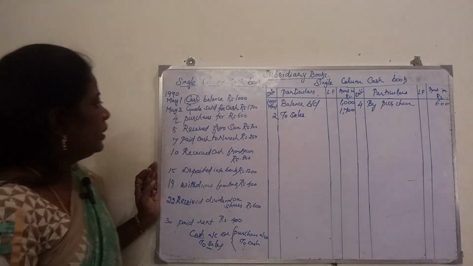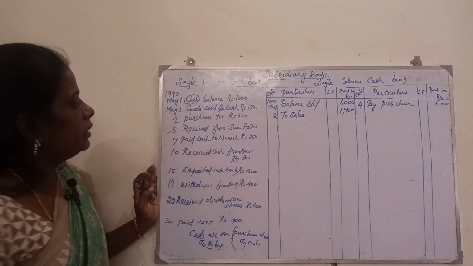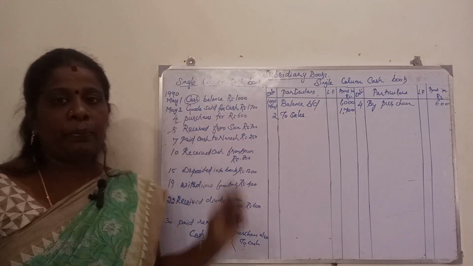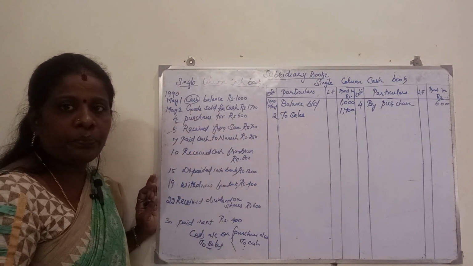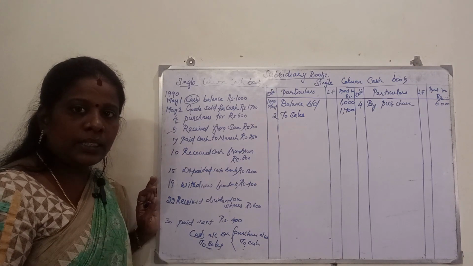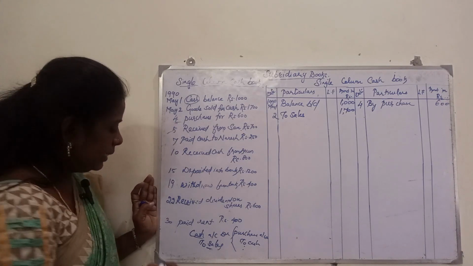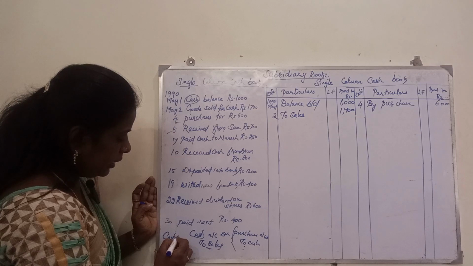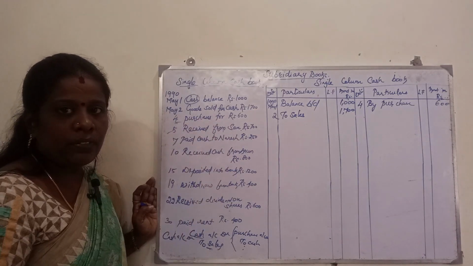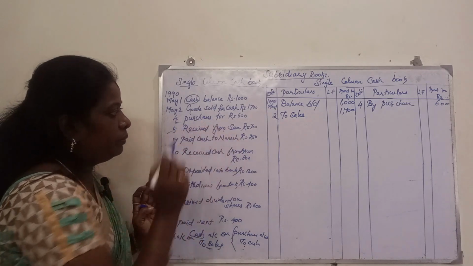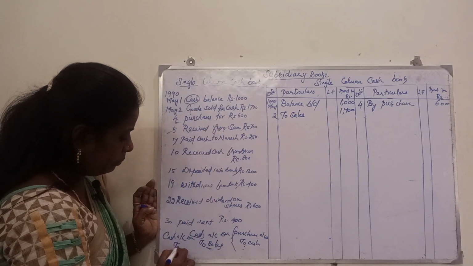Okay, students. So next one on 5th, received from Sam rupees 700. So cash received from Sam. When the cash comes inside the business, what is the journal entry? Cash account debit, to Sam.